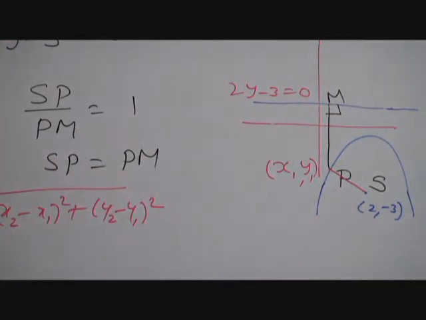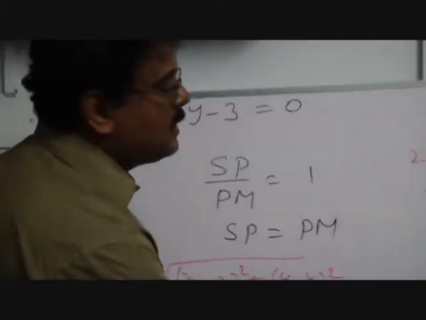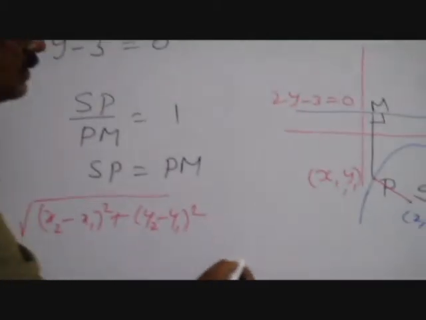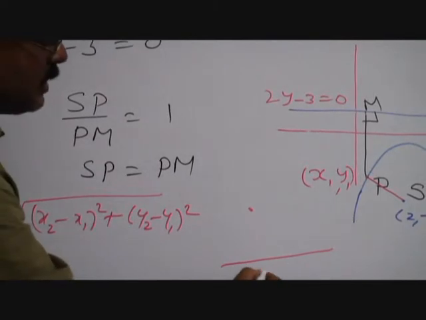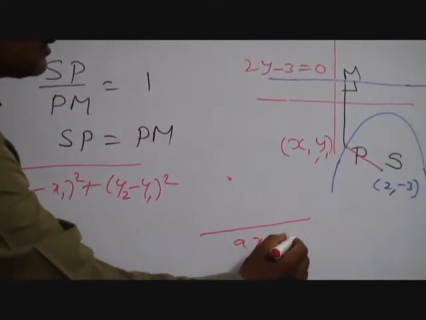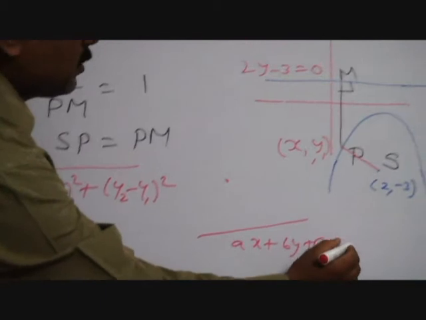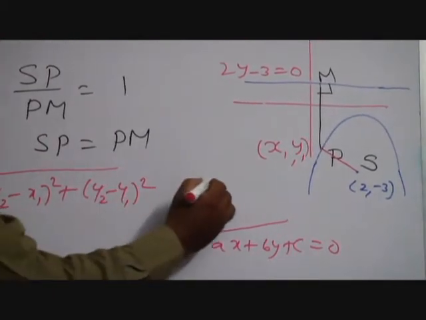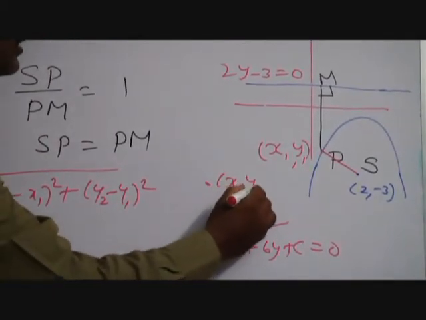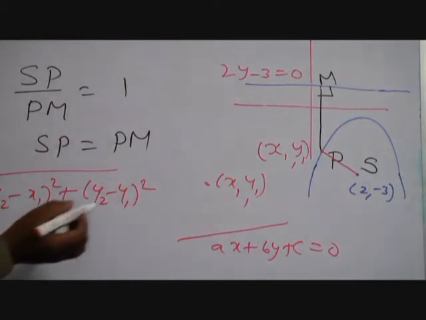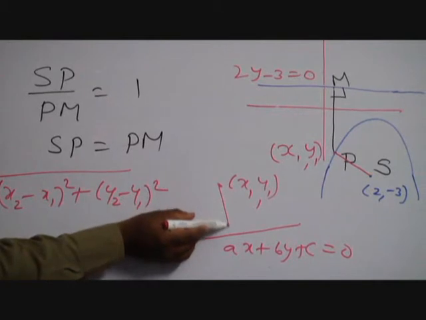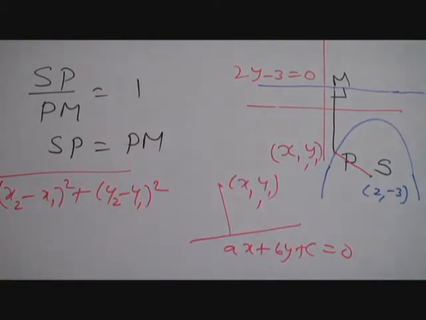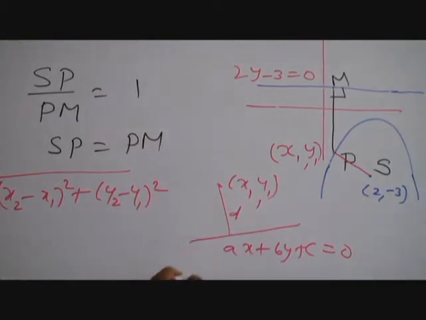How is it possible to find the perpendicular distance of a line from a point? Let us assume that the line is ax + by + c = 0 and the given point is (x1, y1). Our aim is to find the perpendicular distance from the point (x1, y1) to the line. We know that there is a formula for the perpendicular distance.